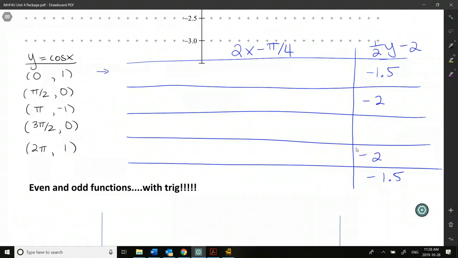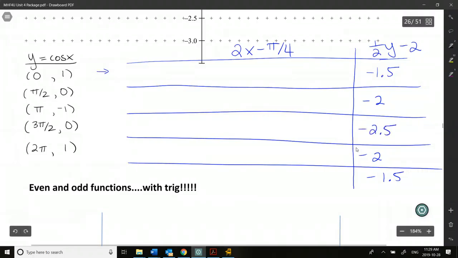And negative 1 times a half is negative a half, minus 2 is negative 2.5. Okay, now each of your x coordinates needs to be plugged in here. So 2 times 0 minus pi over 4, that just gives us negative pi over 4.